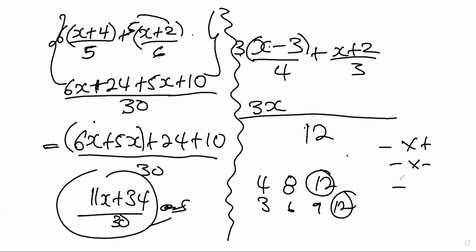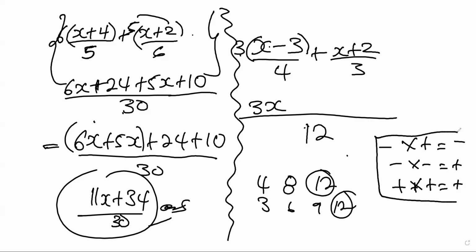Well, we think it's simple, but it's not. Because if we don't master this, we're just not going to move on ever. So negative times negative is positive, negative times positive is negative, and positive times positive is positive. So this is a positive times a negative, so that's minus 9.